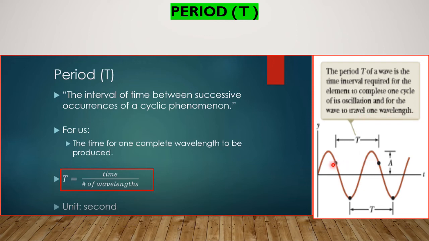So the time it will take to travel the distance of one wavelength is equal to the period T. T is equal to time over the number of wavelengths. The unit of period is the second.